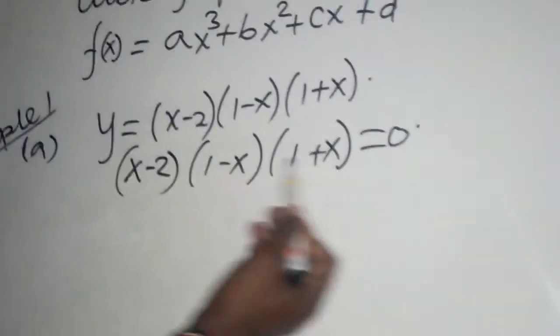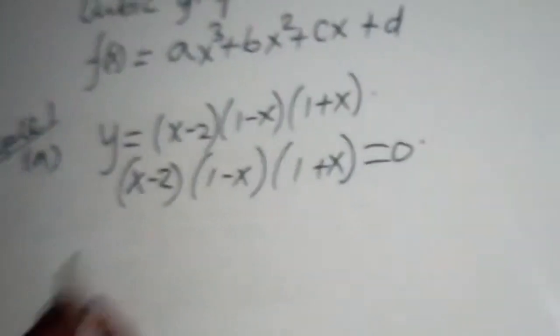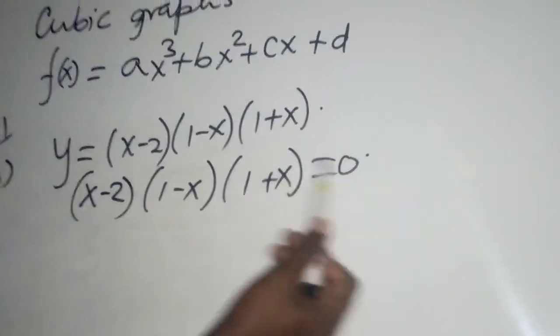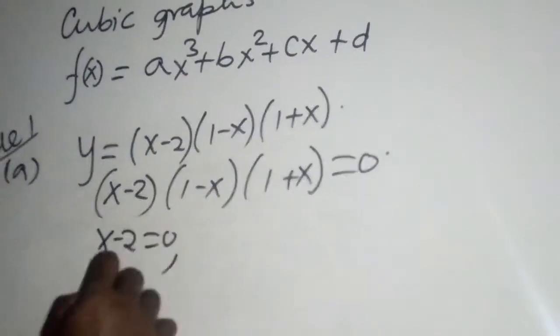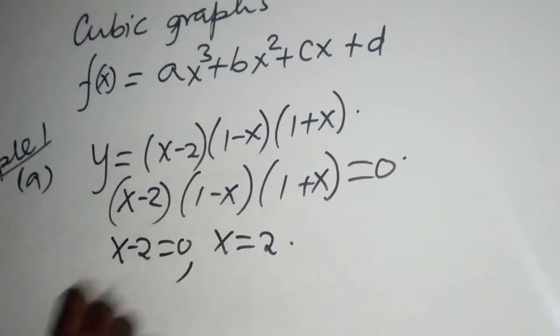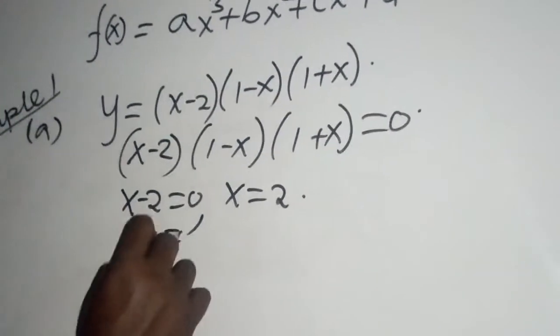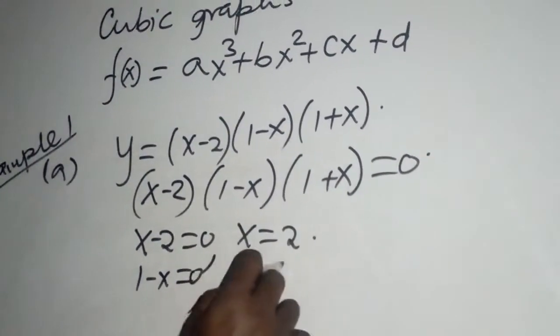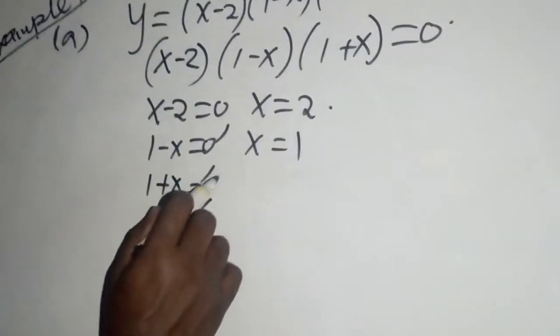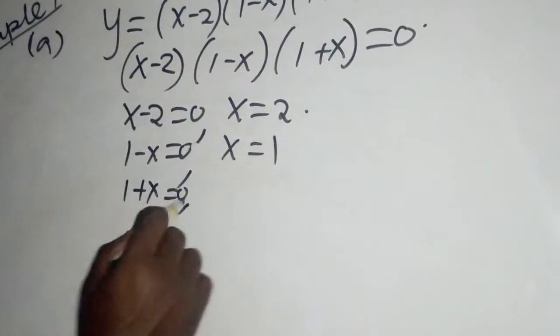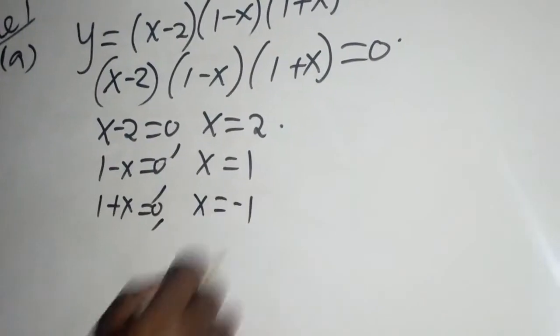Any of these brackets can be 0, because if any one of them is 0, then the product is 0. If x minus 2 equals 0, then x equals 2. If 1 minus x equals 0, then x equals 1. And if 1 plus x equals 0, then it follows that x equals negative 1.